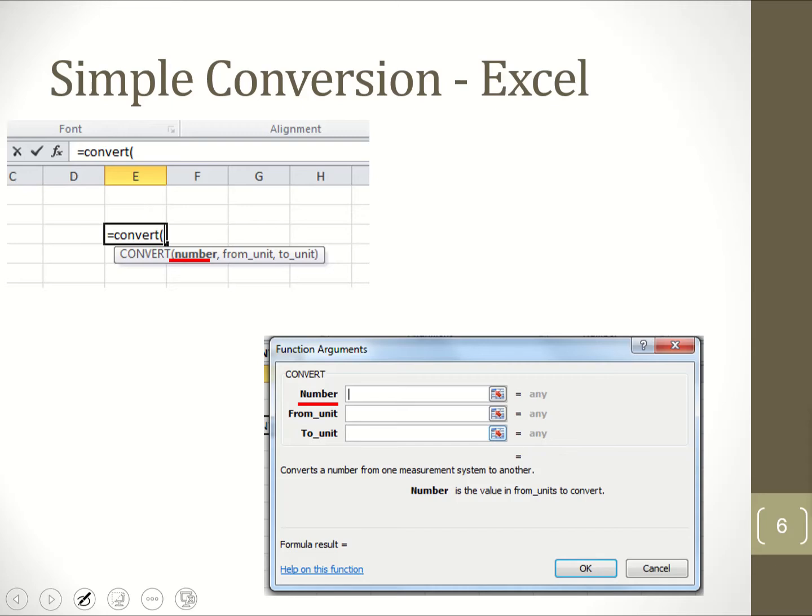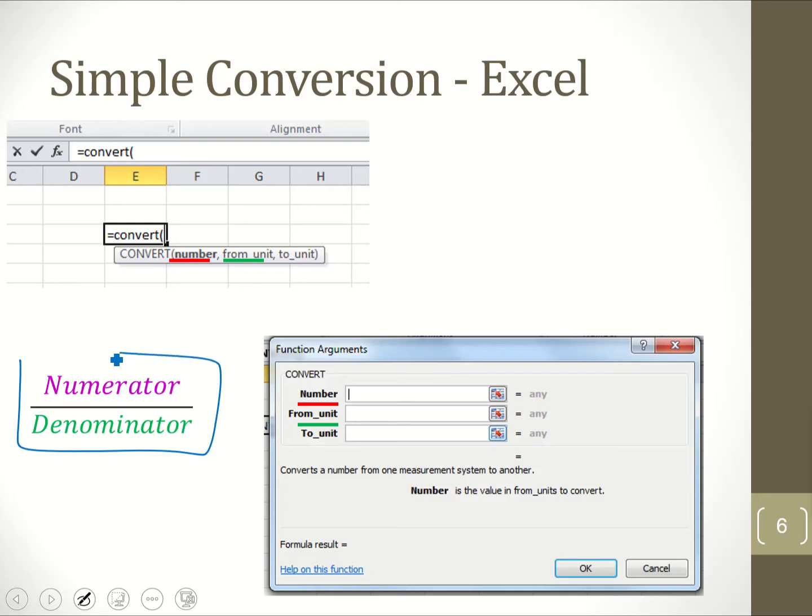And then we have our from unit and to unit. These are typically put in quotes. If we look at this, this is also a way of looking at our conversion factor.